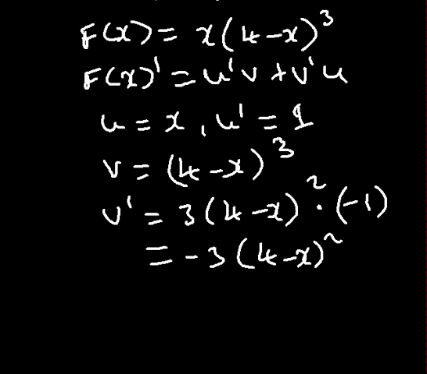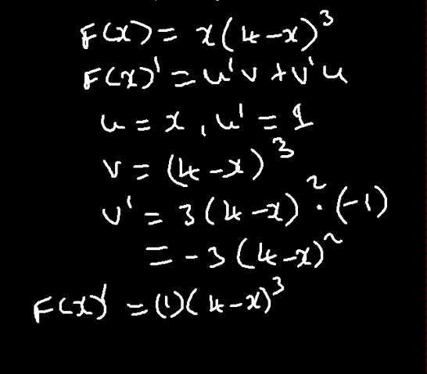Now we substitute, so f prime of x is equal to u prime, which is 1, times v, which is 4 minus x to the power 3, plus v prime, which is negative 3 times 4 minus x to the power 2, times u, which is x.